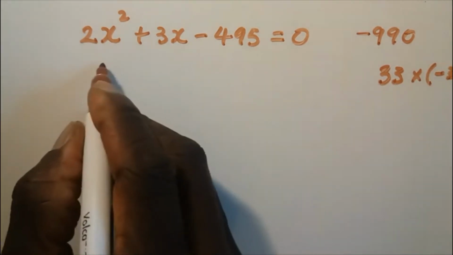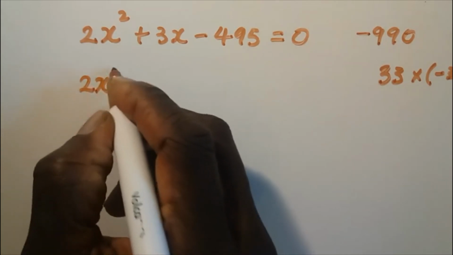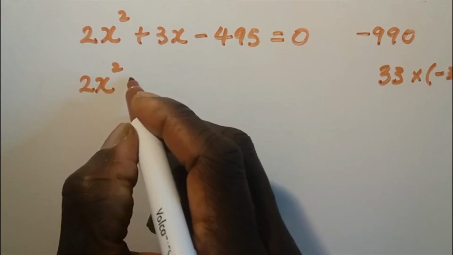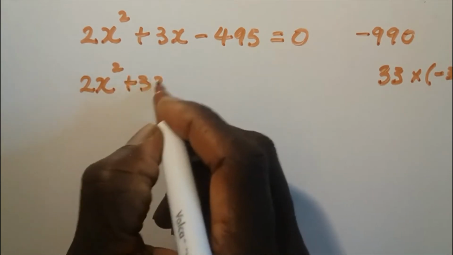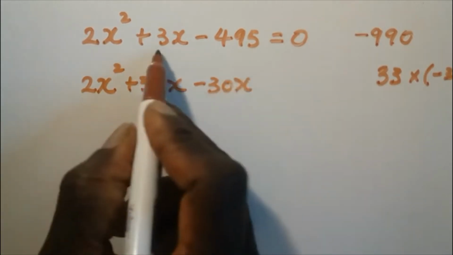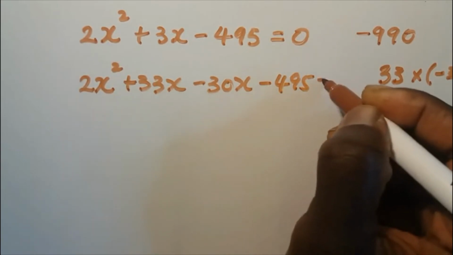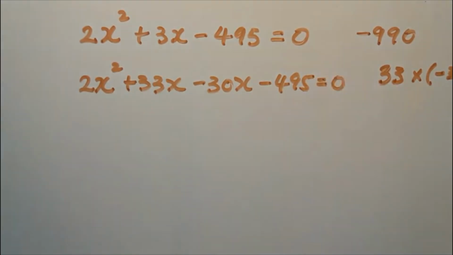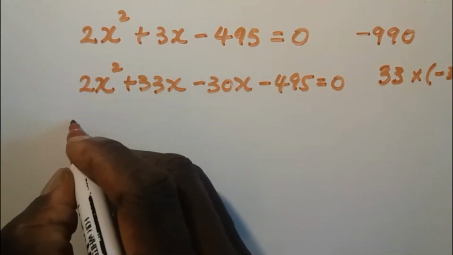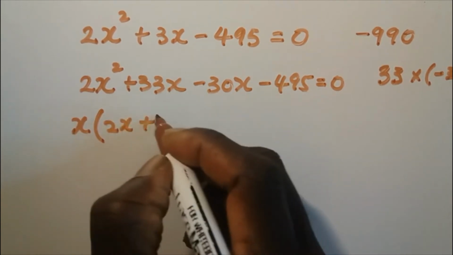So we rewrite this using those details. We split the 3x as 33x minus 30x. This is equivalent to 2x squared add 33x minus 30x minus 495 is equal to 0. We'll factorize these. We have x is common to 2x and 33.